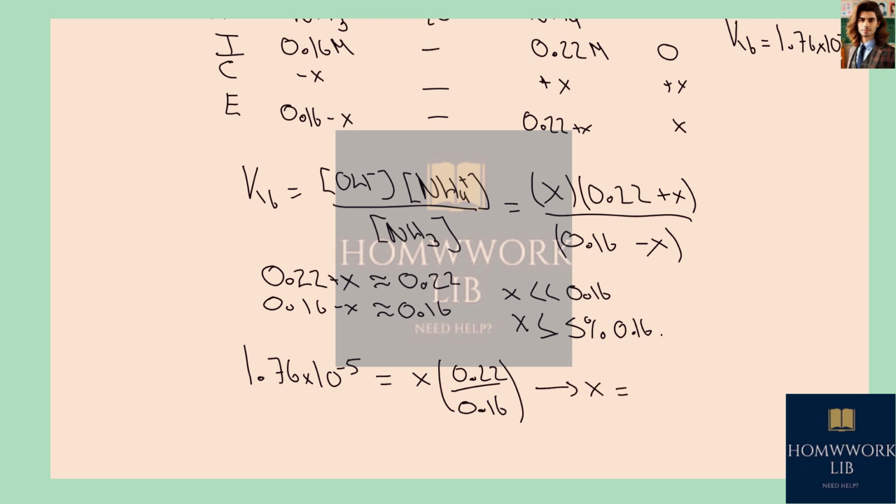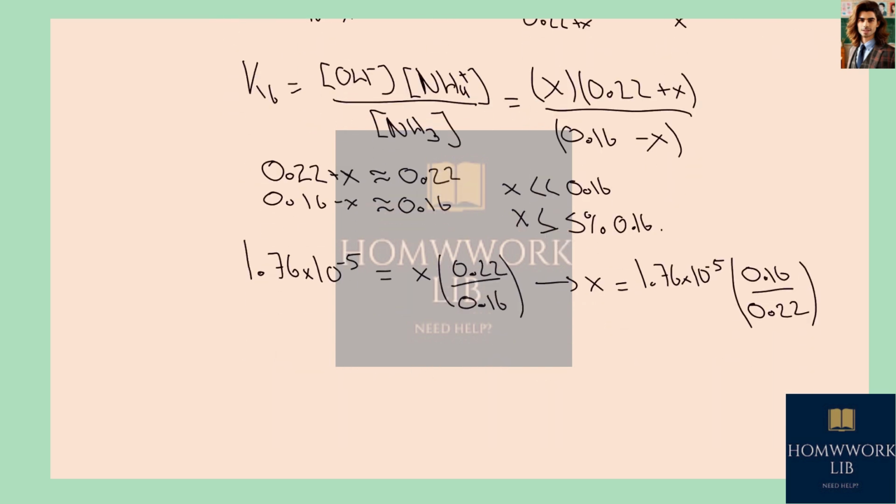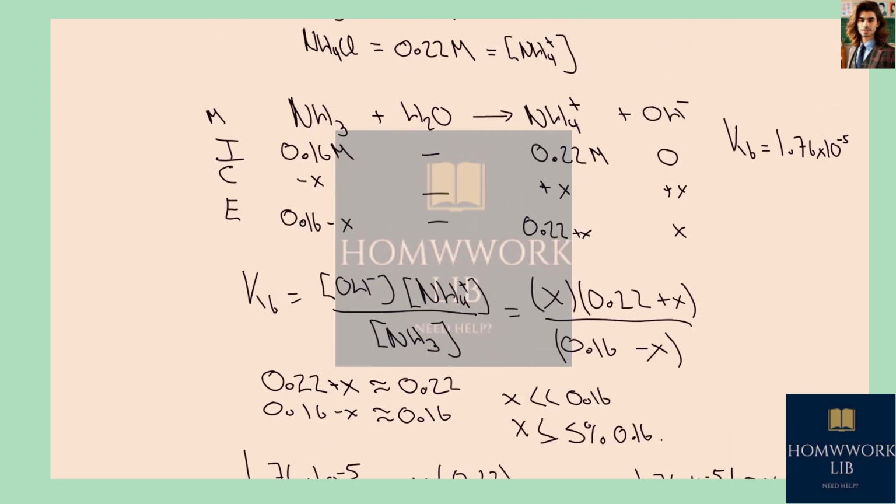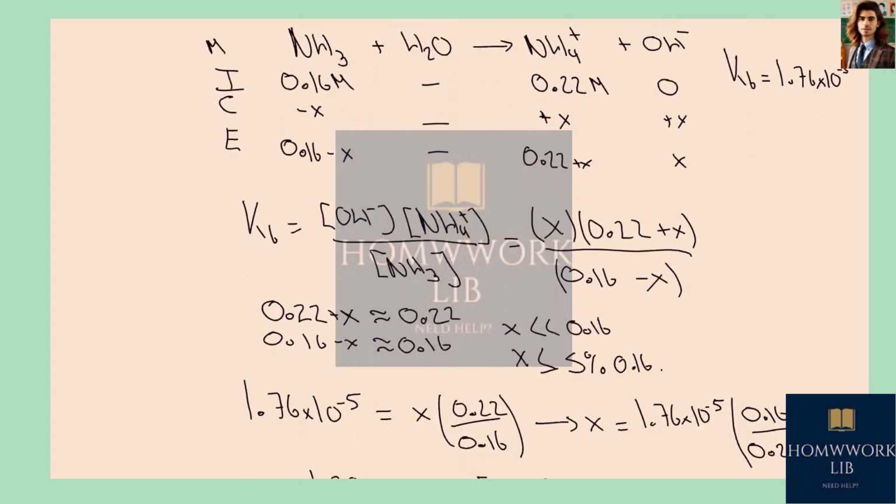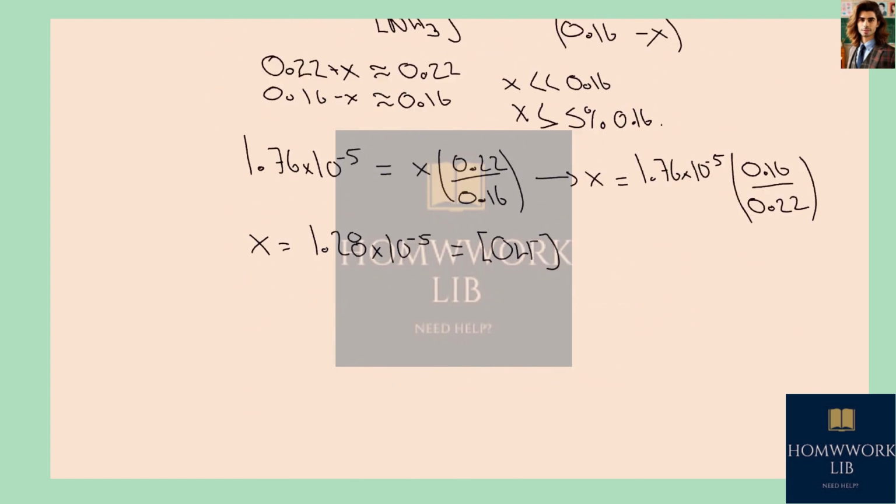Solving for X, this is 1.76 times 10 to the minus 5 multiplied by 0.16 divided by 0.22, which gives us a value for X of 1.28 times 10 to the minus 5. And what this X represents is the concentration of OH minus that we have in solution, as you can verify from the ICE table. This is X at the end.